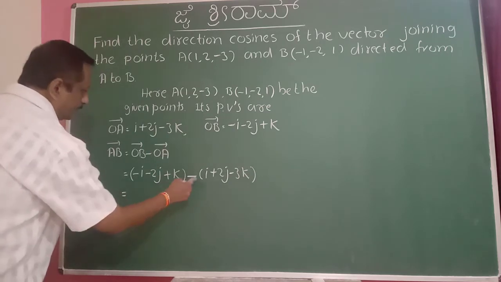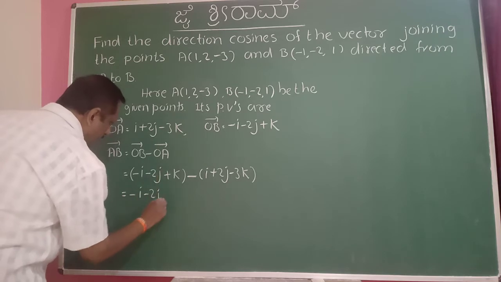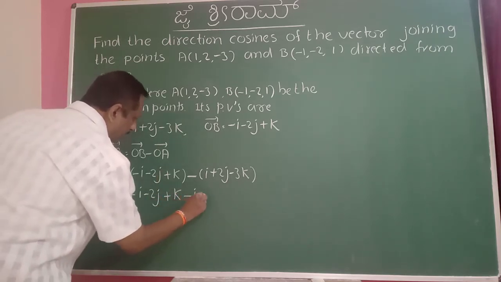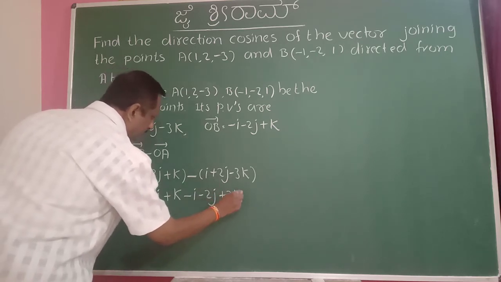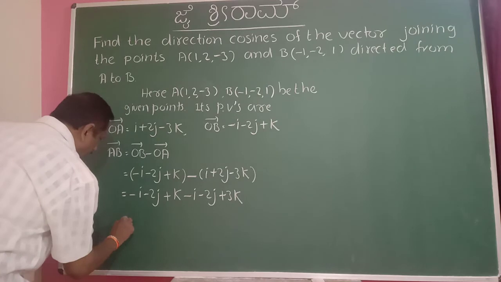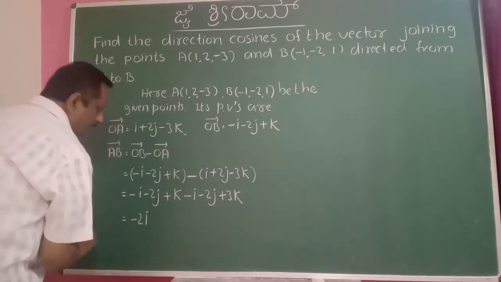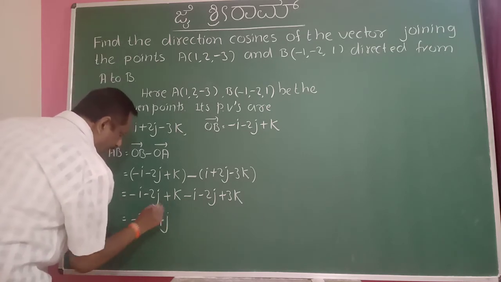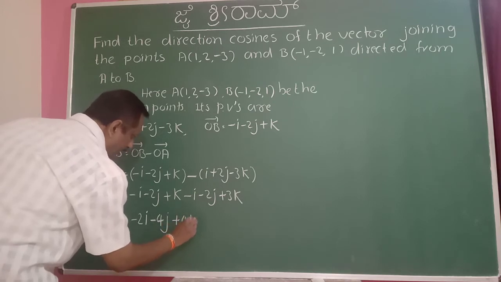Take this minus inside: minus i minus 2j plus k minus i minus 2j plus 3k. So minus i minus i gives minus 2i, minus 2j minus 2j is minus 4j, and k plus 3k becomes plus 4k.